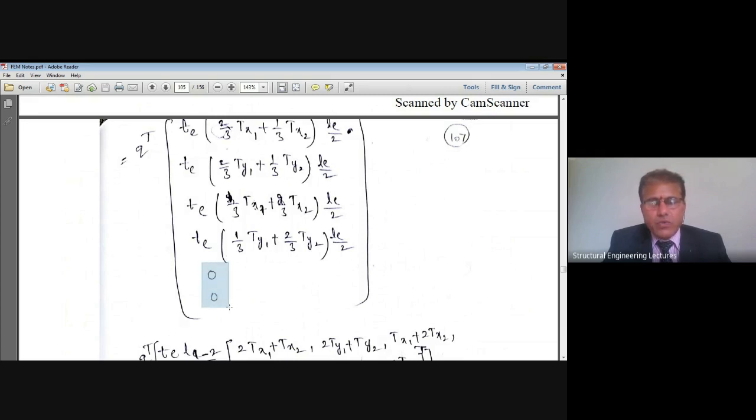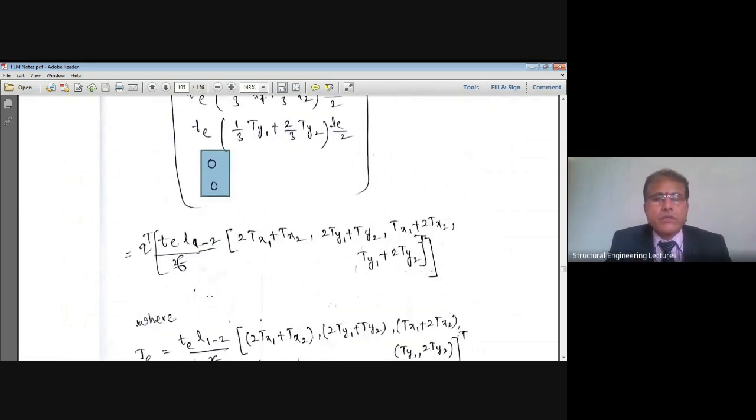The last two rows are 0 0 because there is no contribution to the third node. When the load is acting on this side, which is connected by only these two nodes, it will not contribute to the third node. Therefore, 0 0.